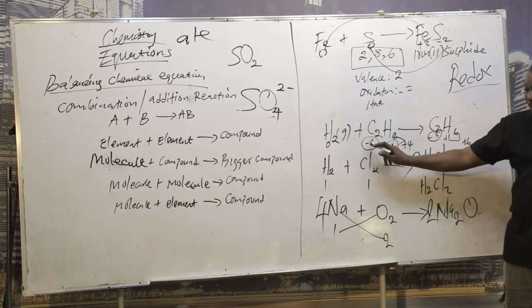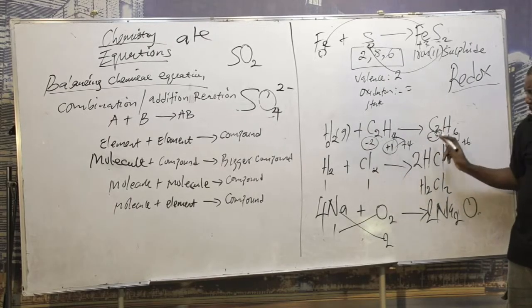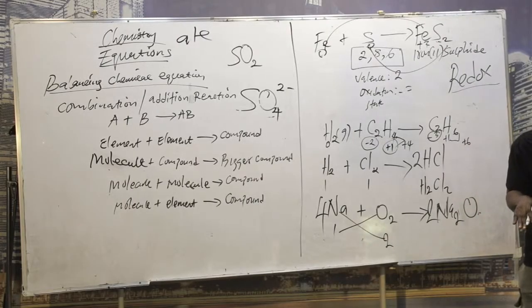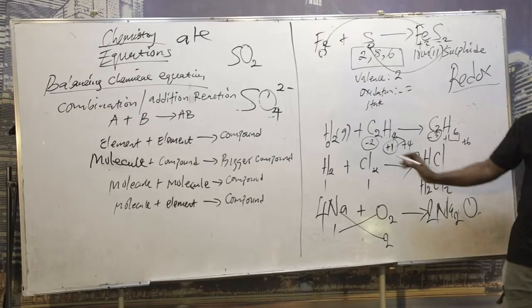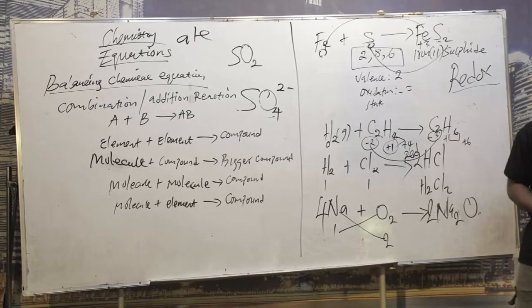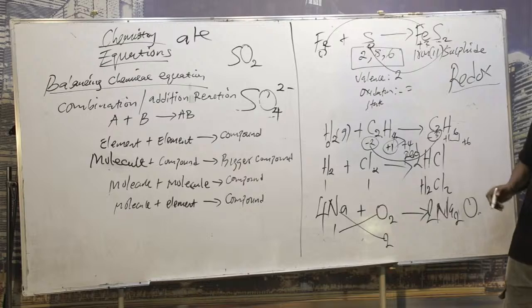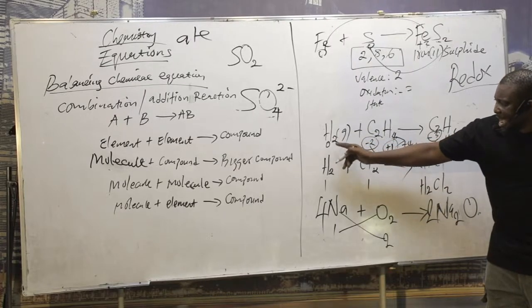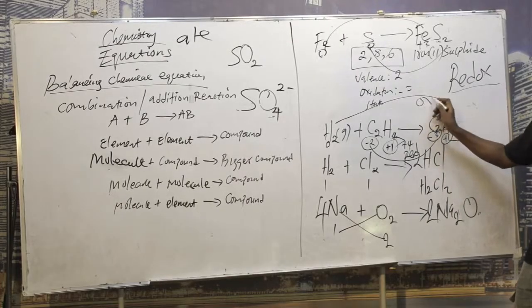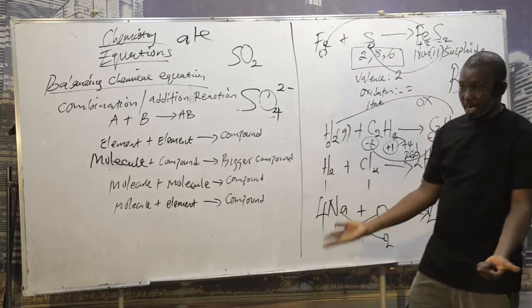Carbon there is -2. From -2 to -3, has it increased or decreased? Decreased. From -2 to -3 is a reduction. Are you with me? From where it is 0 to where it is now +1, what has happened here? Oxidation. So it's a redox reaction.